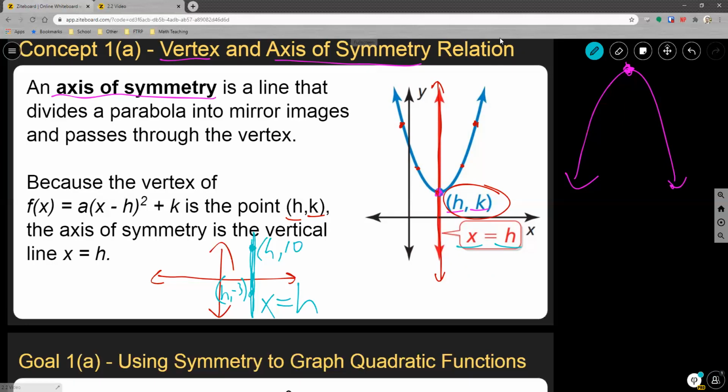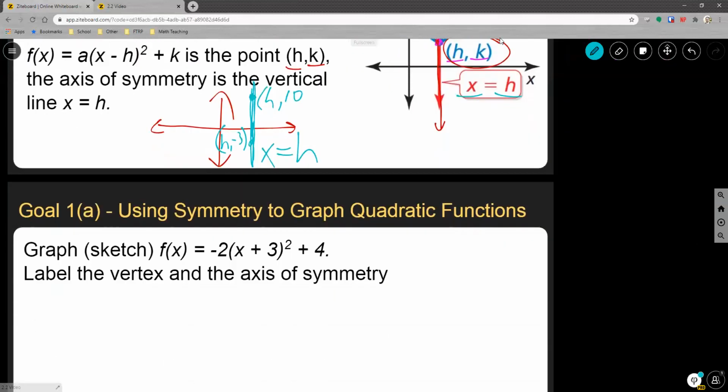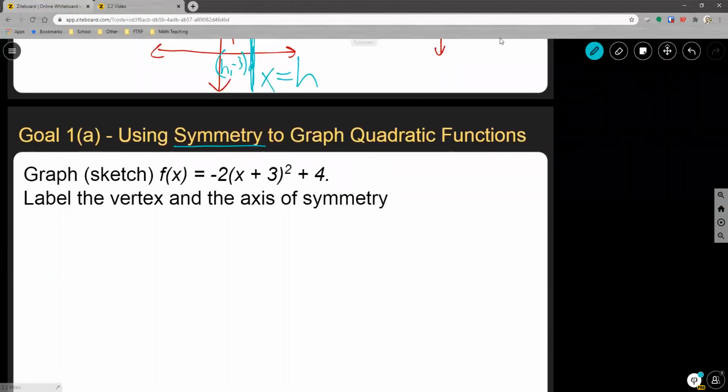So we're going to use this idea to reach our first goal here, which is using the concept of symmetry to graph quadratic functions. And in this case, we're going to be sketching the function. I find it's more important to understand what's happening in the picture versus graphing it perfectly. Once you understand what's going on, you can always go back and create a t-chart with your x and y values and get a very exacting picture.